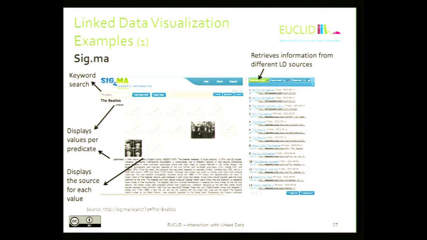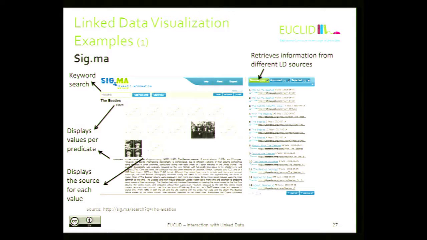So, text-based representation of RDF data. Usually you start in the system by issuing a keyword search. For example, in this case you're searching for the Beatles. In the end, you will get a text-based representation of all triples that are available in the system for the URI of the Beatles.